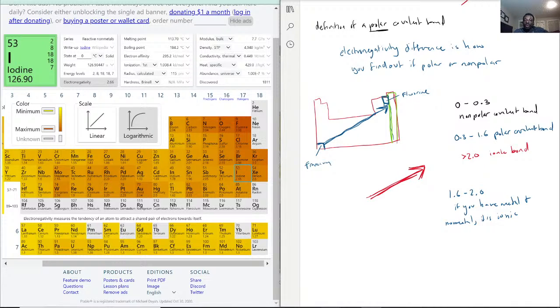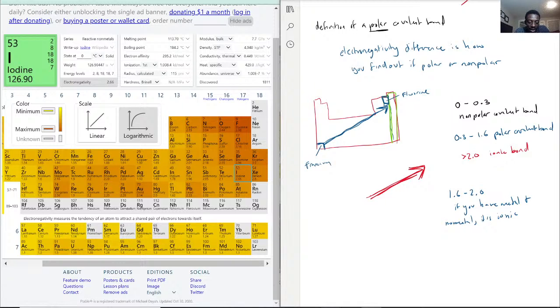But there are some strange situations where you have a value that's still greater than 2.0, but it's still going to be a polar covalent bond because it's still 2 non-metals. So just make sure you're always checking whether the actual elements together are metal or non-metal.